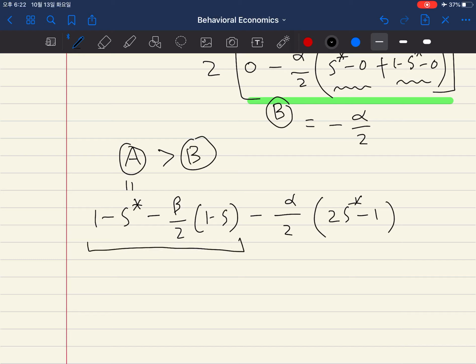We can see that this expression is positive because we have 1 minus S star here. So we have 1 minus S star, 1 minus S star, same number. We know that beta is less than 1, so this is a fraction. So this expression must be a positive number. So if I take away this positive number, then I get a smaller expression.